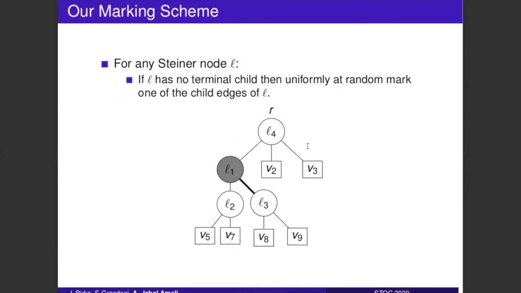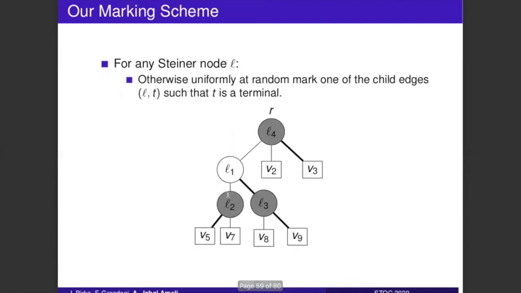Then for any Steiner node L, if L has no terminal child, then uniformly at random we mark one of the child edges of L. So here for L1, we either mark L1, L3 or L1, L2. And for the rest of the nodes, we uniformly at random mark one of the edges going from L to a terminal child. So here, for example, for L4, we mark the edge L4, V3. Note that L4, L1 is not an option for us.